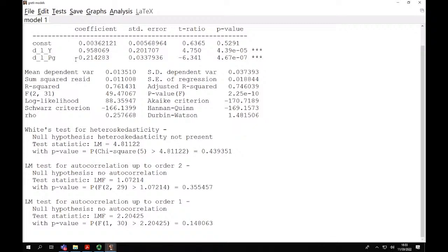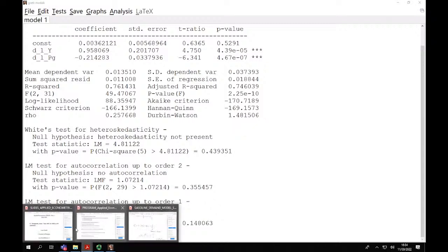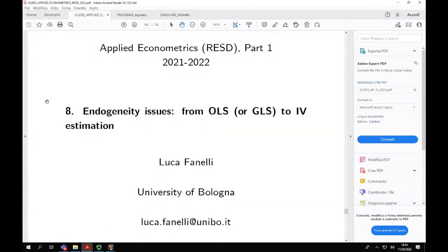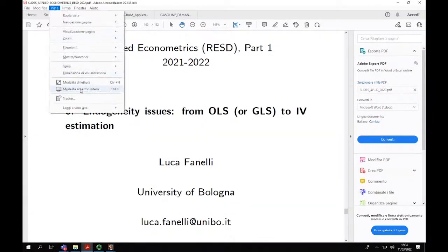Okay? So let me move to the slides again, and now you can understand very well what I mean. Our topic is endogeneity issues.